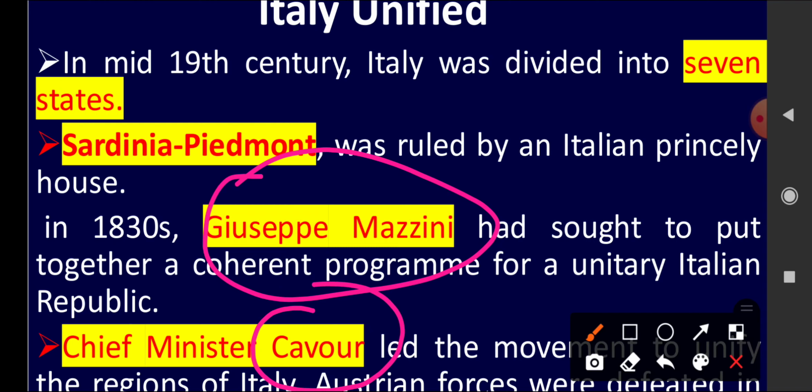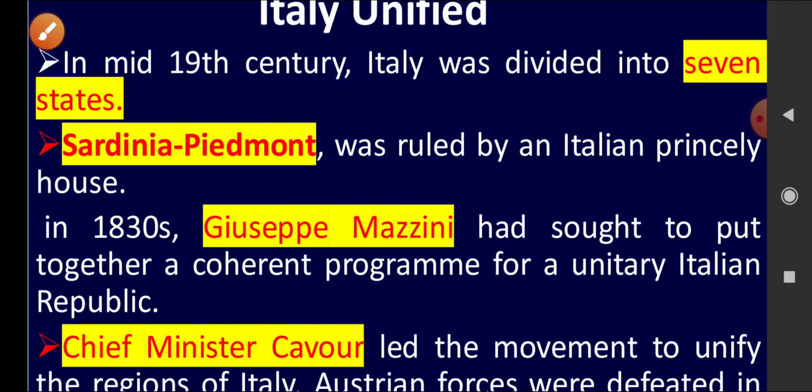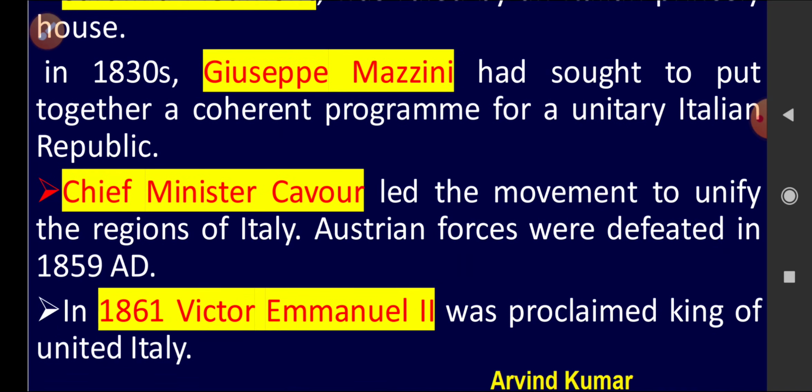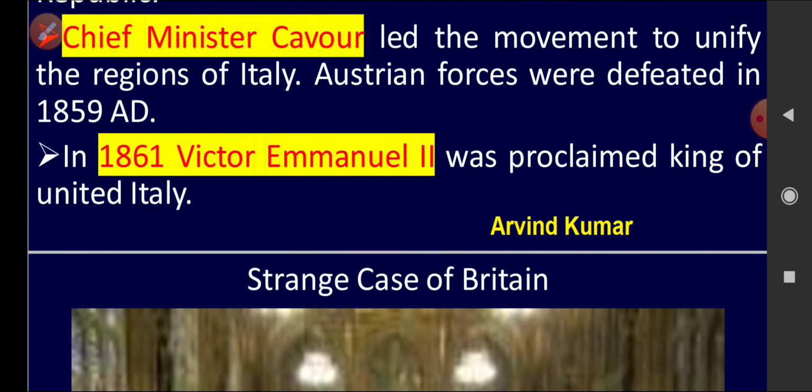Cavour led the movement and was the mastermind to unify Italy through his tactful and diplomatic alliances with France. He defeated Austrian forces in 1859. So Cavour was a very diplomatic person of Italy.